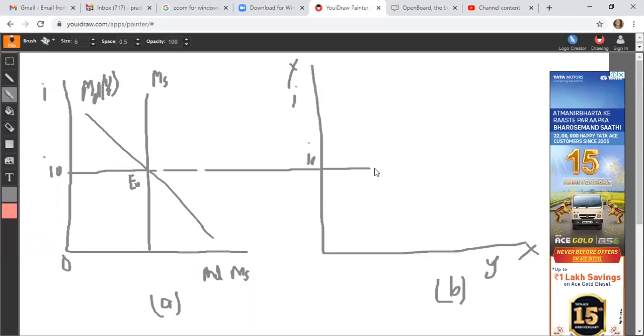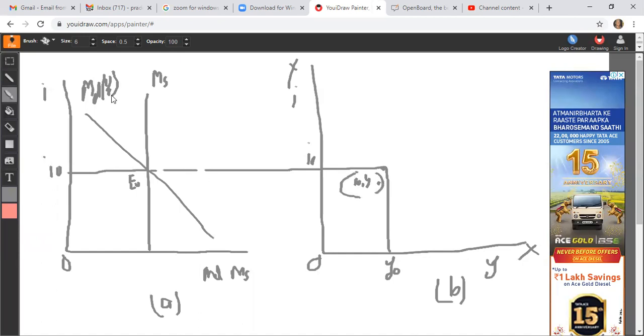So we are plotting that income here, Y0. So this is one point on the LM curve, with a combination of I0 and Y0.